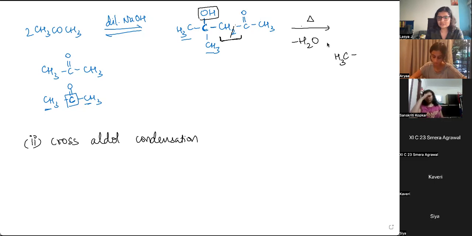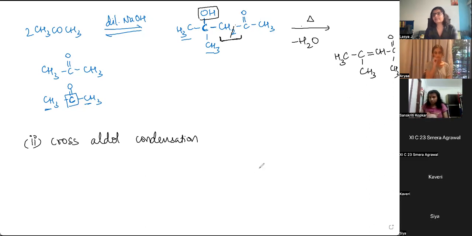Then this is lost. So this will still have the CH3. So here a double bond comes in. And from CH2, one hydrogen is lost, meaning I get CH. And the rest of it remains the same. You have C double bond O and CH3. Yeah.